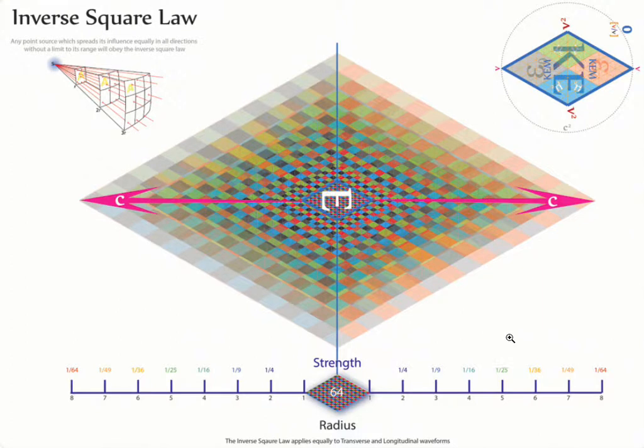As it spreads out, its strength will decrease, or the energy content within that field will decrease, and obviously as a result the wavelength will change, etc., because they're all related to each other. Historically, this inverse square law has been explained using diagrams such as you see at the top left hand side, but in Tetryonics it's more appropriate to draw it as illustrated in the center of the page.